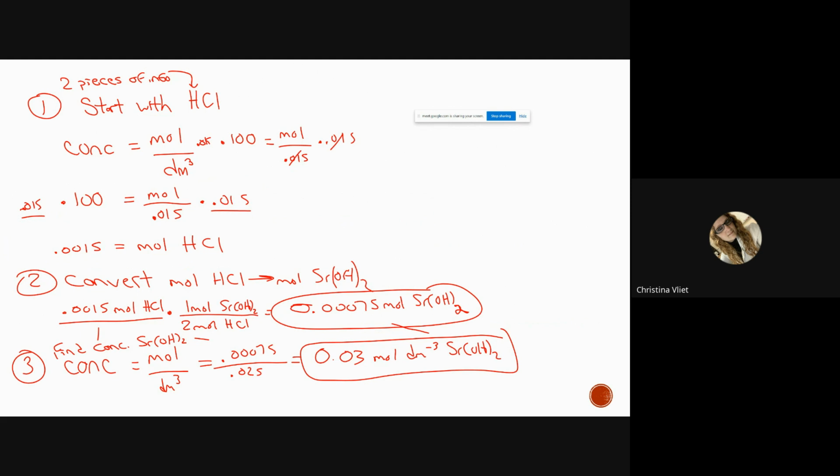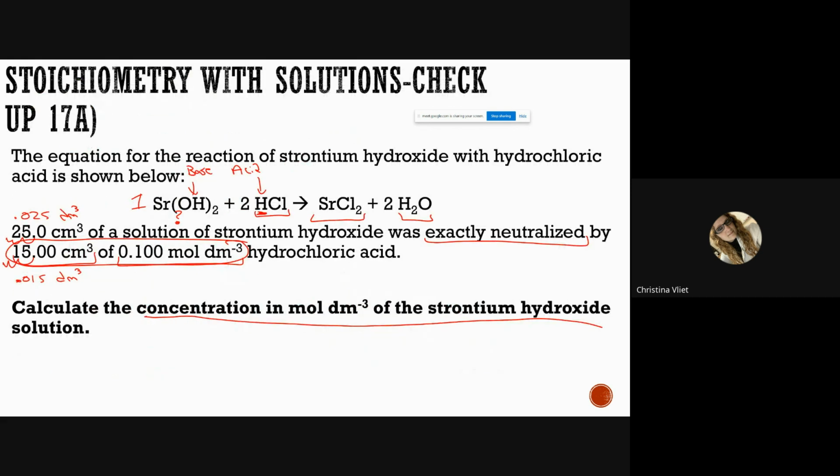So we can do the same thing with this formula. It may ring a bell. n1 M1 V1 equals n2 M2 V2. Does anybody remember this? Yes, without the n. No, you don't remember the n? Does anybody remember what the n stood for?